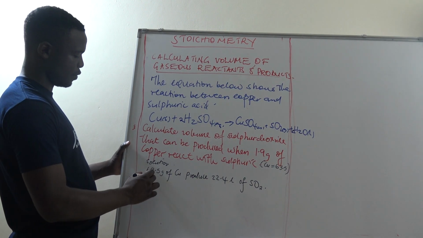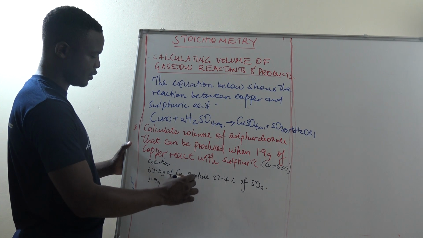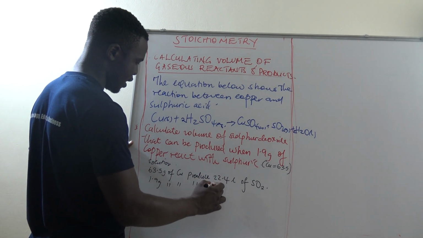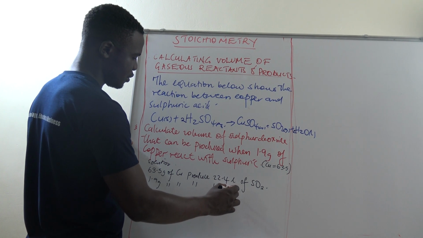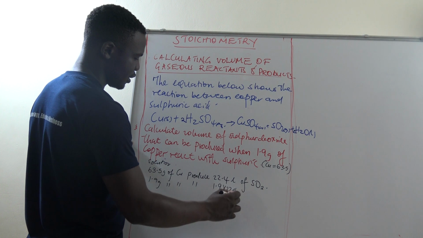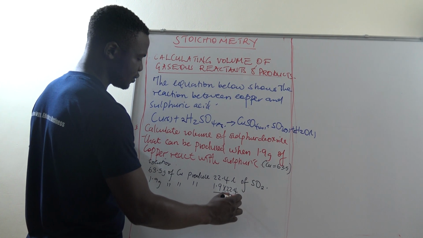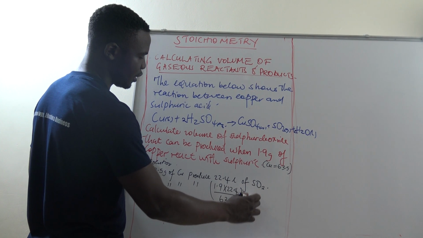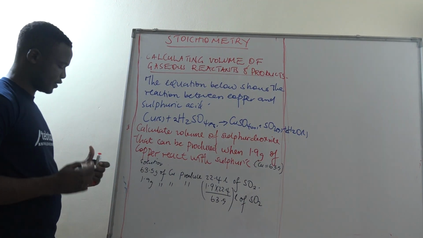Okay? Now, what will happen if we react 1.9 grams of copper? From first principles, this will be 1.9 times 22.4 divided by 63.5 liters of sulfur dioxide.